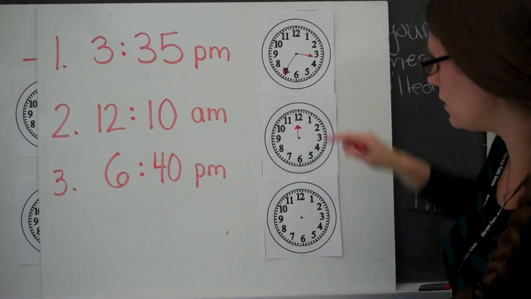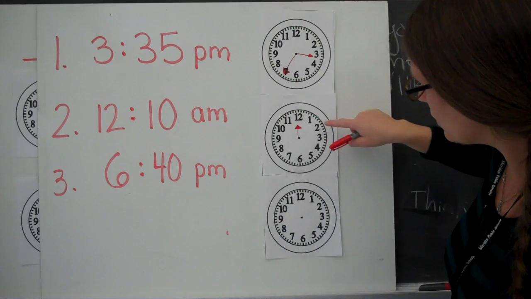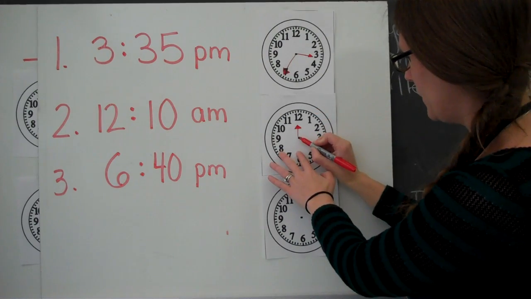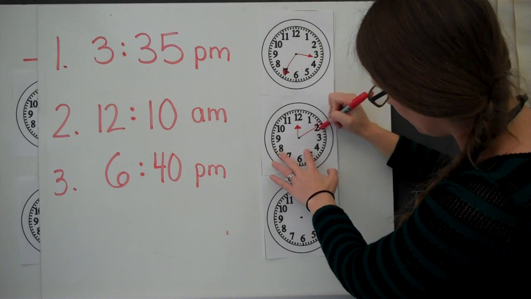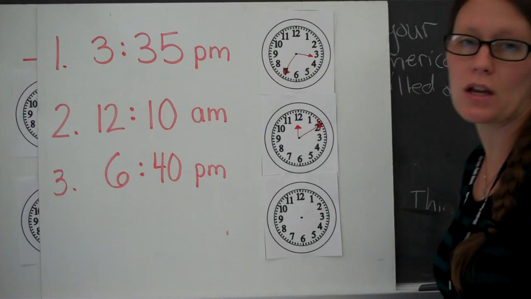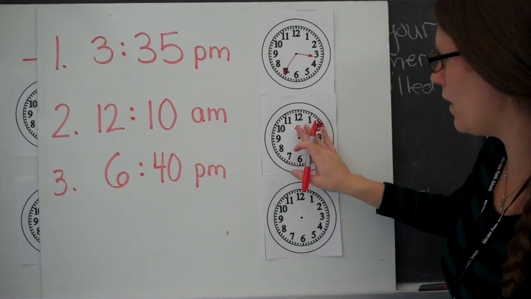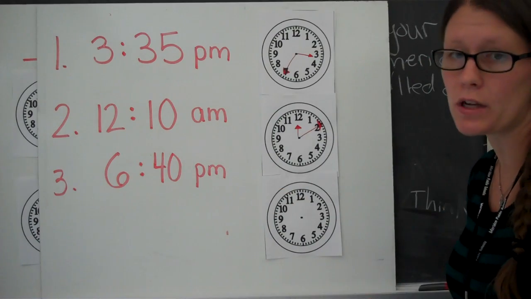Count by 5s. 5, 10. Here's my minute hand. And I can draw it nice and big, right way over there so I know that that's my minute and that's my hour. Next one is 6:40 p.m.